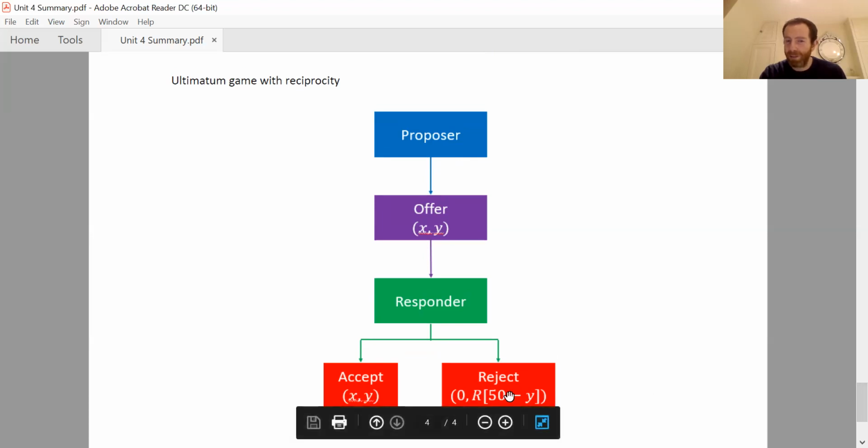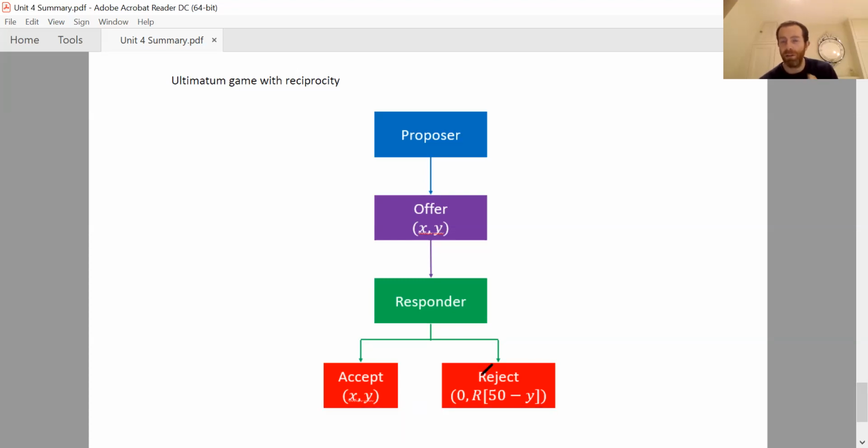They get some other quantity, and that quantity depends on this value R, a number, this reciprocity value. It measures the strength of feeling that the responder has for fairness in this game. So bringing this in, and seeing that we now have this as a possible payoff, is going to change the equilibrium of this game.